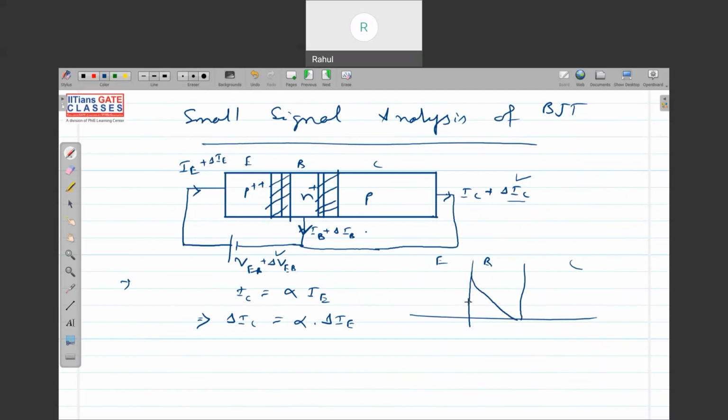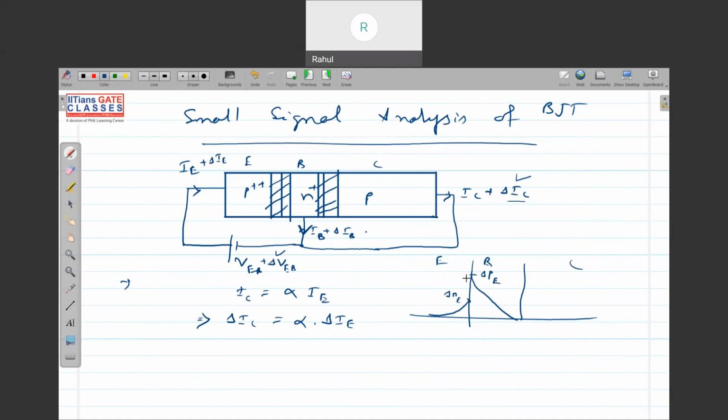This quantity is del P, and this quantity is del Ne.